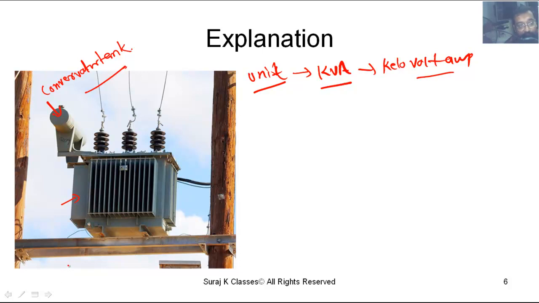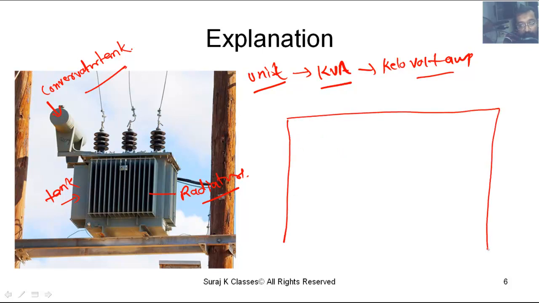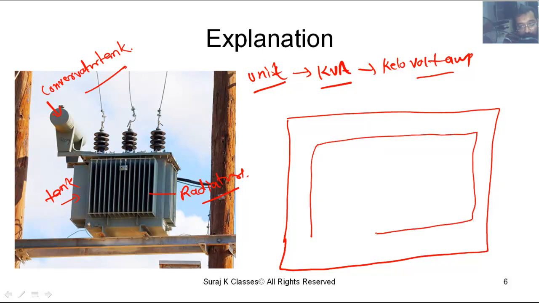This is the transformer, this is the tank, and these are the radiators. First I will tell you what the conservator tank is, then the radiators. See, the transformer is a device like this. This is the tank of the transformer. I am going to show you a single line diagram of this. The photo I showed you in my last video, I will also explain that. I am coming back to it.